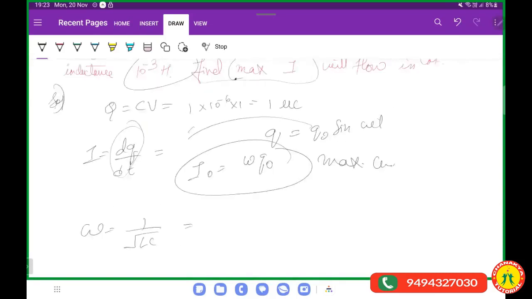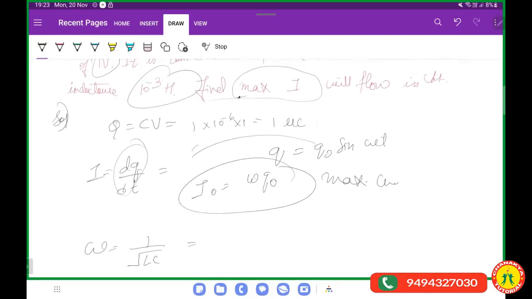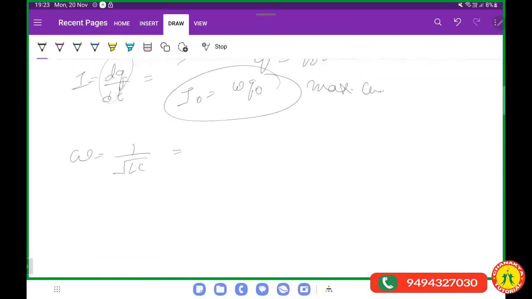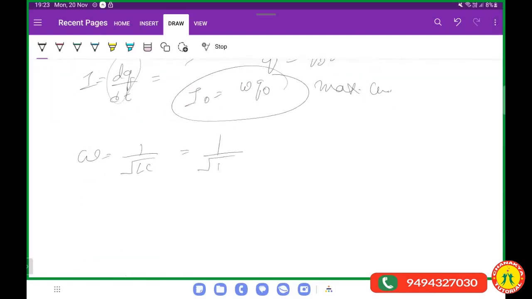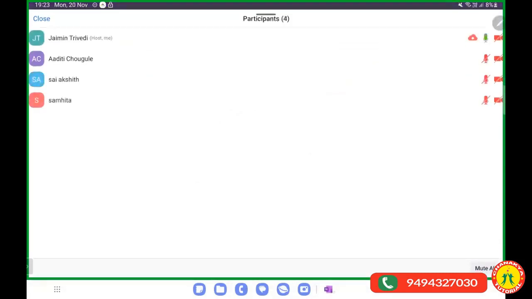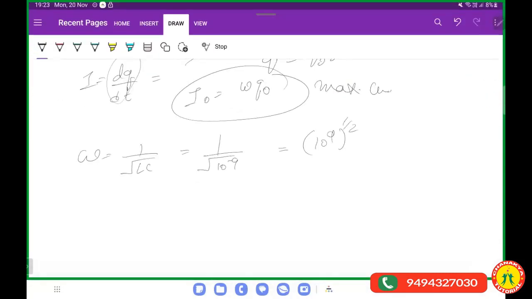So L is how much? 10 to the power minus 3 and 10 to the power minus 6. So 10 to the power minus 9, so 10 to the power 9 to the power 1 by 2. This is omega.